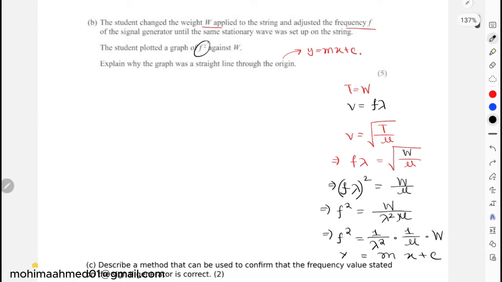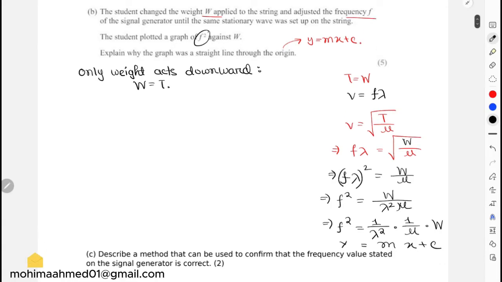We will consider that the only force acting is weight, so weight becomes tension. Only weight acts downward, therefore weight is equals to tension. And we're also going to rearrange the equation for velocity. That velocity is equals to f lambda.